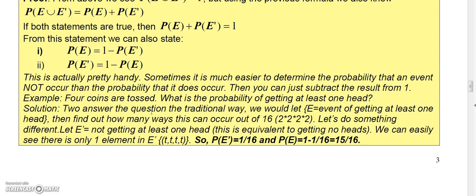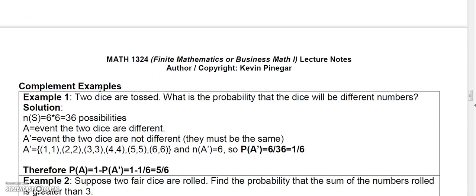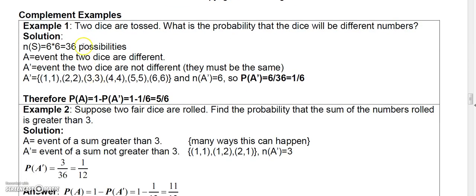Sometimes it might be easier to calculate one of these over the other, and then if you calculate one of these, you can easily find the other using these formulas. So let me give you some simple examples.